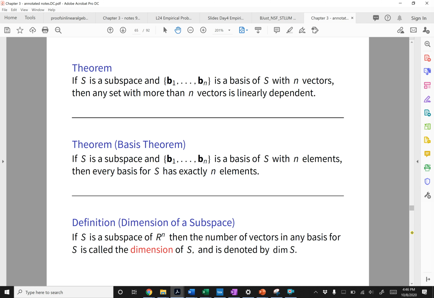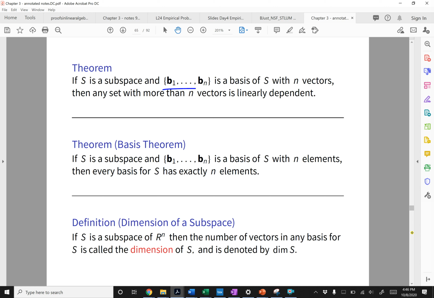Just a few quick theorems to connect everything that we've been talking about. If S is a subspace of Rn and this set is a basis of S with n vectors, then any set with more than n vectors is linearly dependent. If it spans all of S, then if you add anything else in there, you're going to create a linearly dependent set.